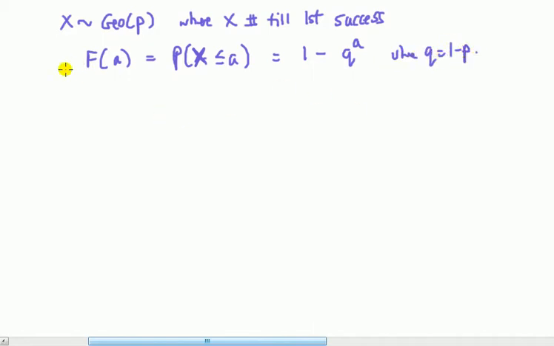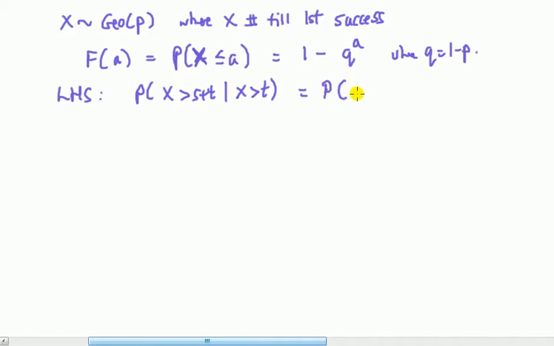Now the left-hand side of the memoryless property says the probability x is bigger than s plus t, given that x is bigger than t. Let's rewrite this. It's a conditional probability, and we know from the result that these two events are not independent. We use the formula that connects the conditional to the joint and the marginal.